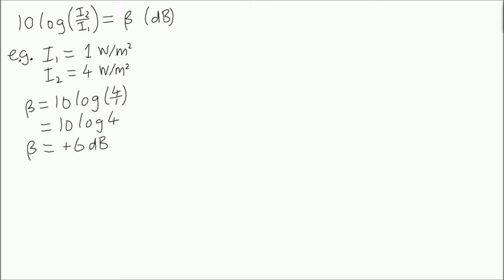So what if we have intensity level 1 is 4 watts per square meter, and intensity level 2 is 1 watt per square meter.